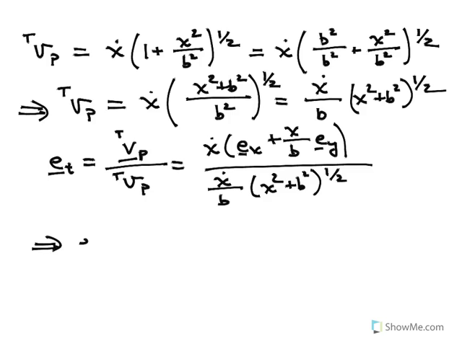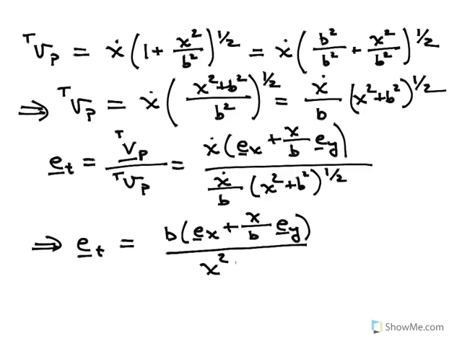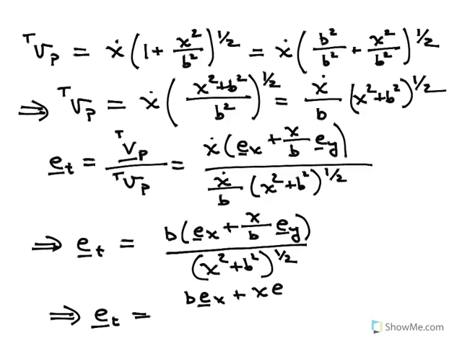This results in the tangent vector being equal to b times Ex plus x over b Ey, all divided by x squared plus b squared to the 1/2, which is equal to b Ex plus x Ey, all divided by x squared plus b squared to the 1/2.